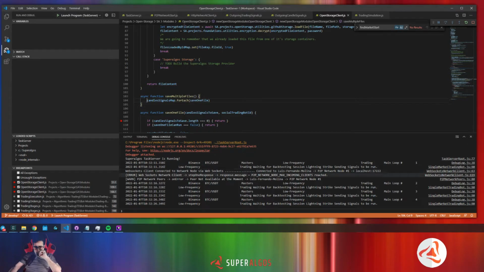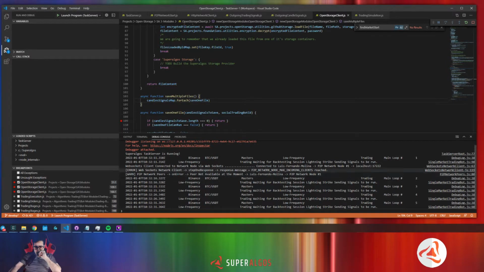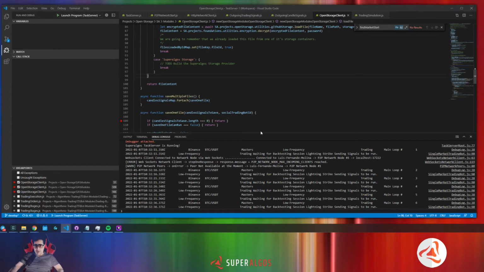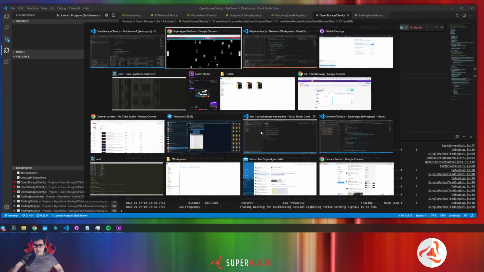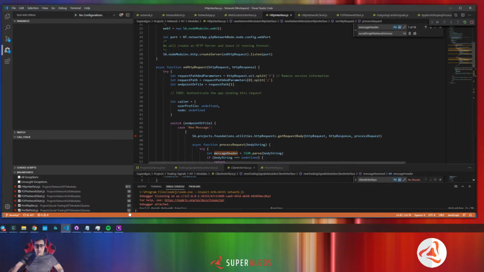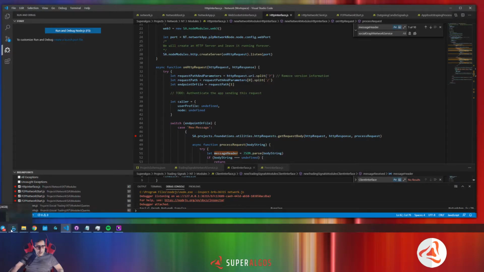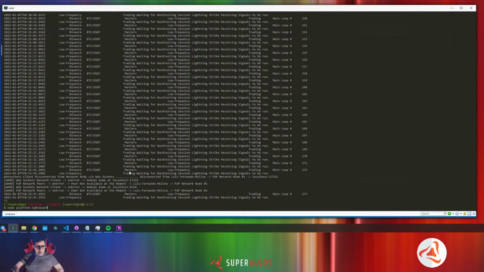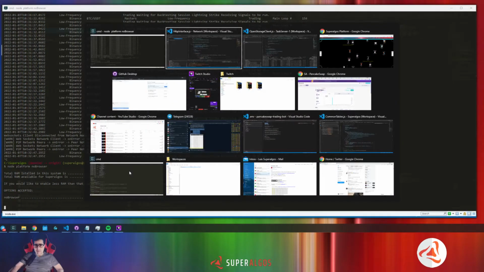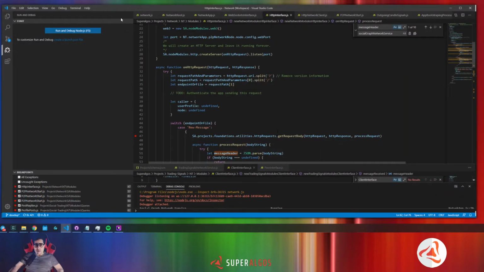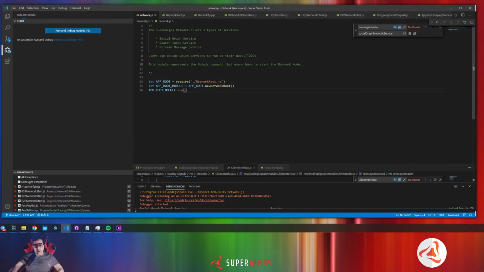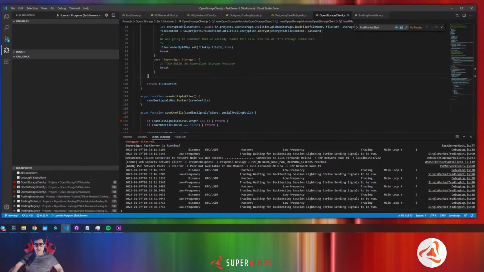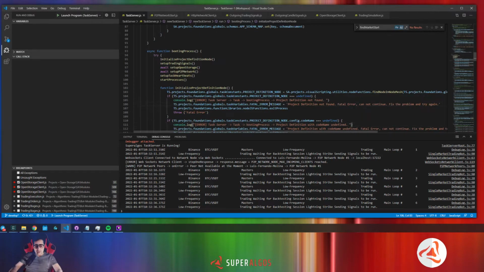There is something strange here. Okay, we'll start again. We will stop this, and we will run this again. We will run the network node again, and we will run the task server again.